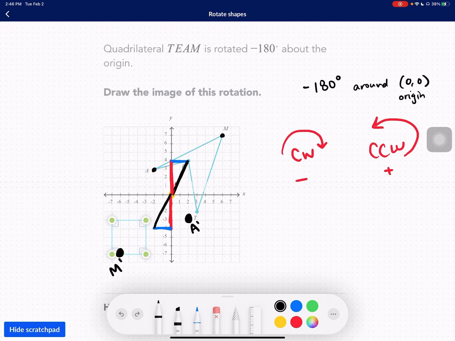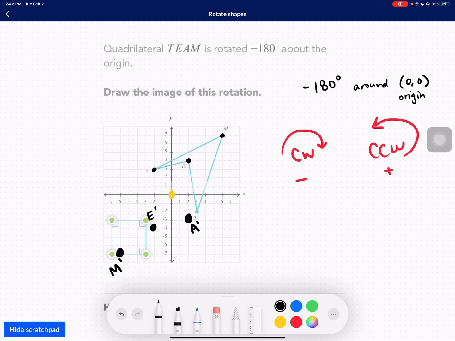Our hypotenuse is right here. You see how they're connected. Okay, so this tells me that my new point, that was E, sorry, not B, E is right here. So this is going to be the E prime point. Okay, so let's erase it and see how it's starting to look here. So now we have the M, E, and the A.